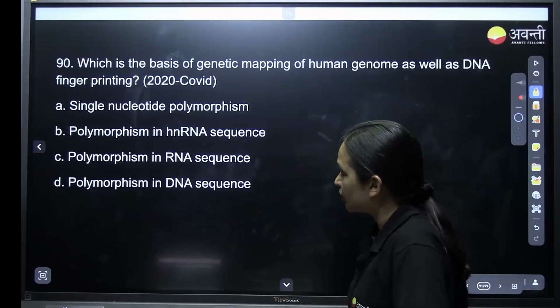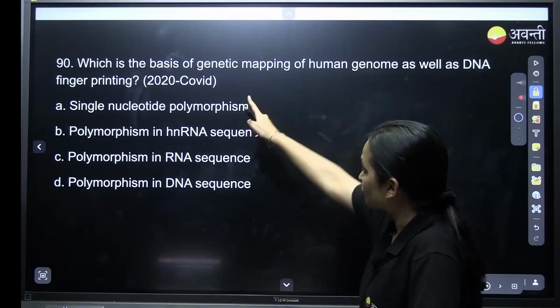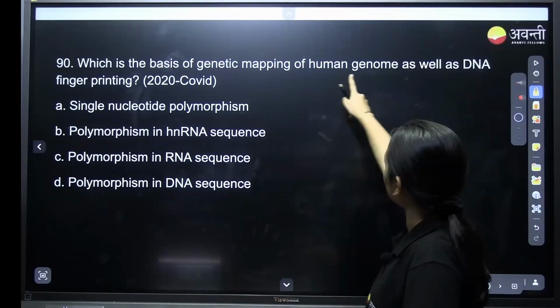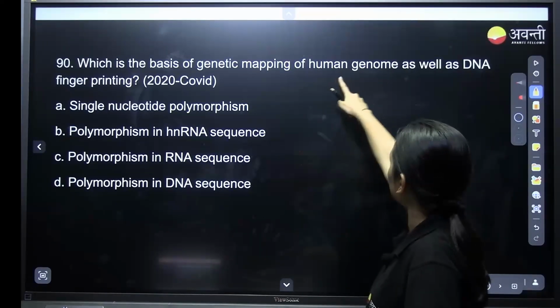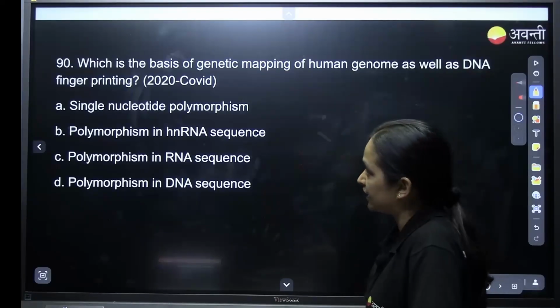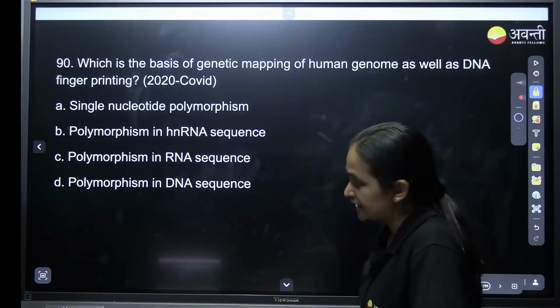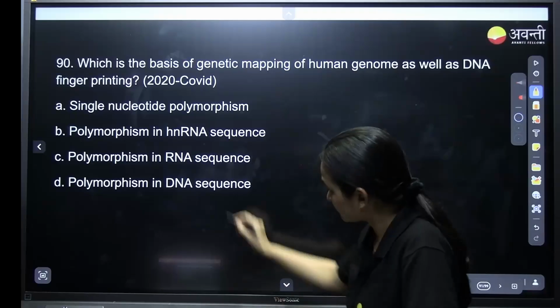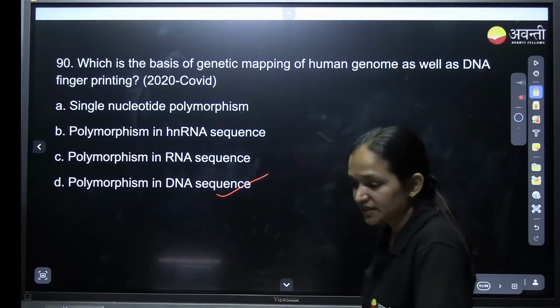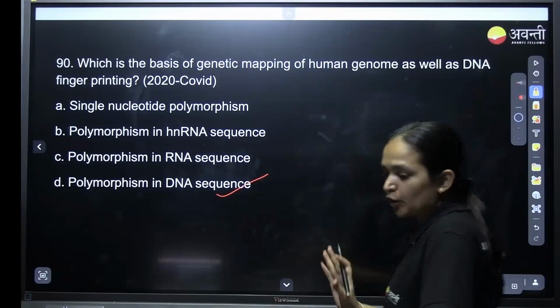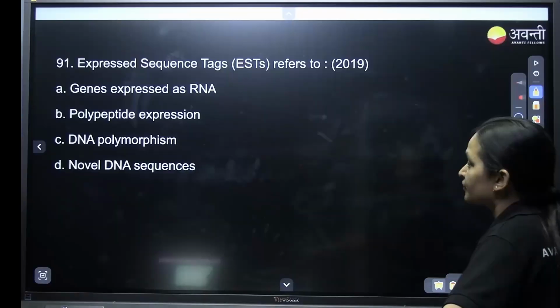Because of the polymorphism in DNA sequence, that was the basis for mapping of the human genome as well as DNA fingerprinting. It is DNA polymorphism.